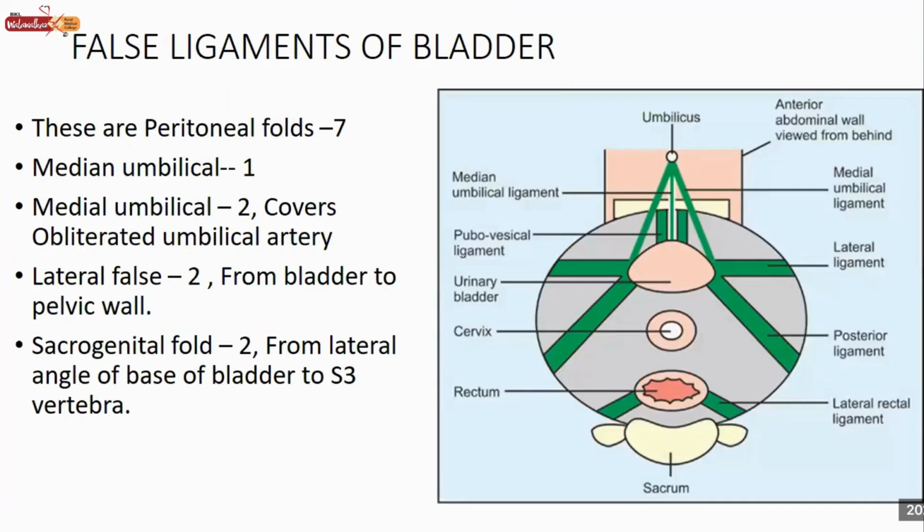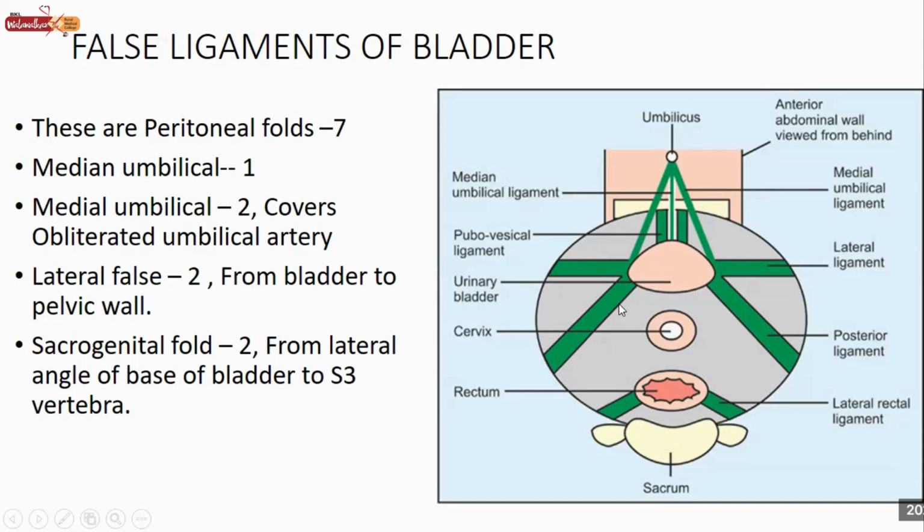The false ligaments, as I told you, are the peritoneal folds, so they don't have much role in the support of the bladder. These folds are 7 in number: one is the median umbilical ligament fold, and on either side we get the medial umbilical ligament. No lateral umbilical here in the false ligaments.